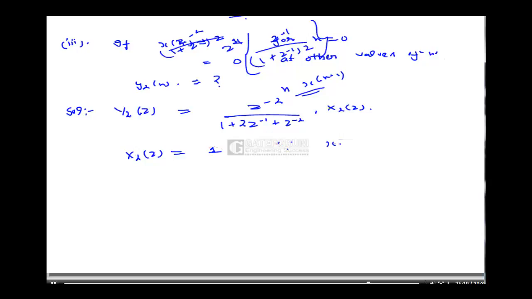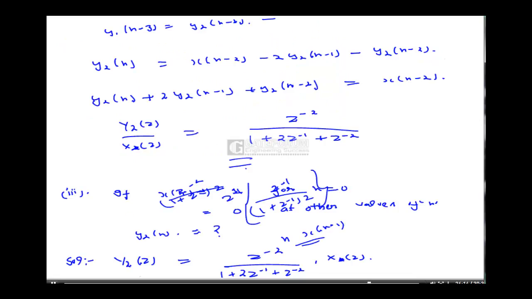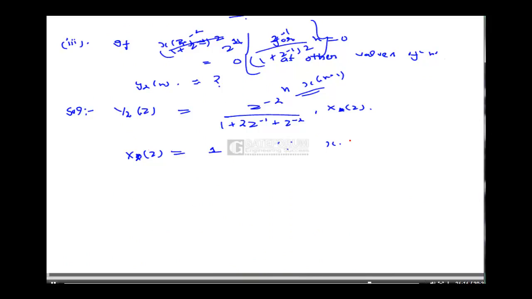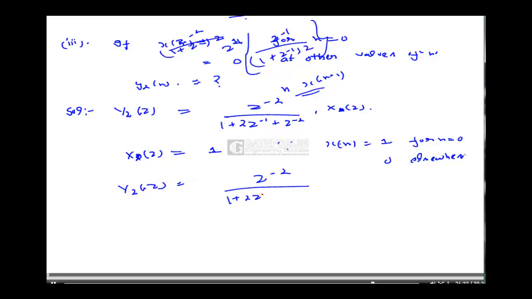Sorry, this is not x2z, it is xz, because xn is equal to 1 only for n equal to 0 and it is 0 elsewhere. Thus y2z is equal to z to the power minus 2 upon 1 plus 2z to the power minus 1 plus z to the power minus 2.